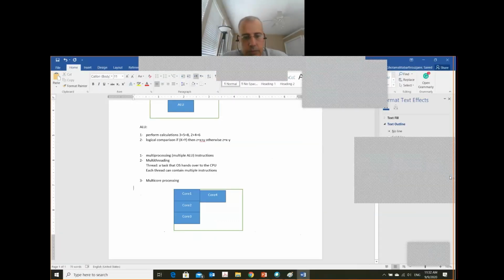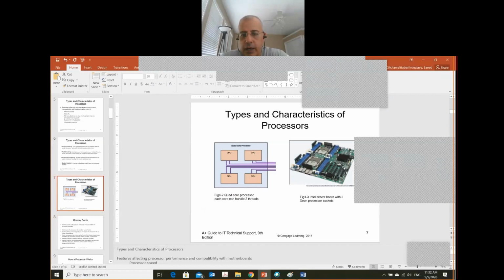Let's go to this one, okay? On the left side, this is one physical CPU. Inside that CPU, we have 4 cores, okay? This CPU means core 1, 2, 3, 4. So this processor can do multi-threading with multiple cores.